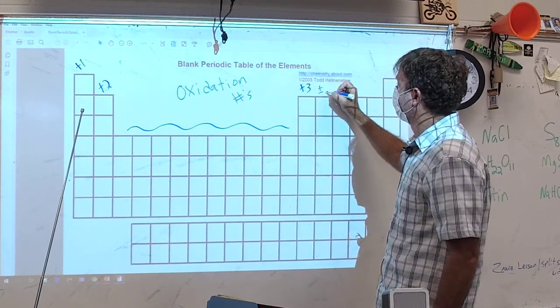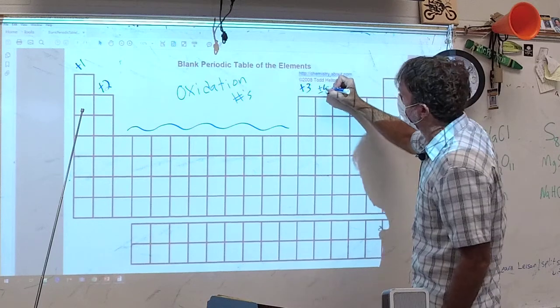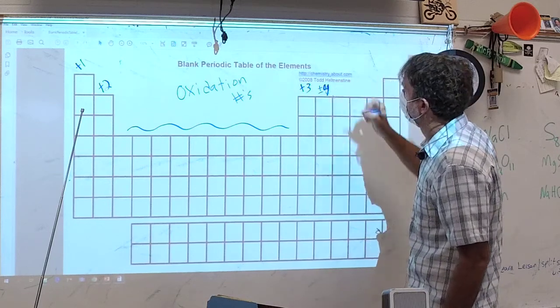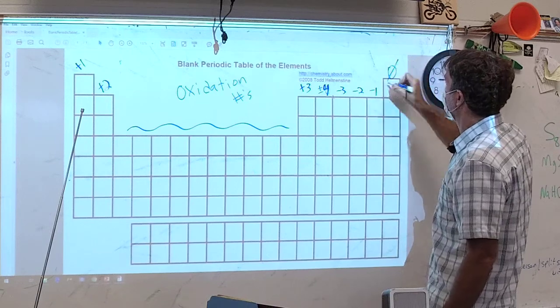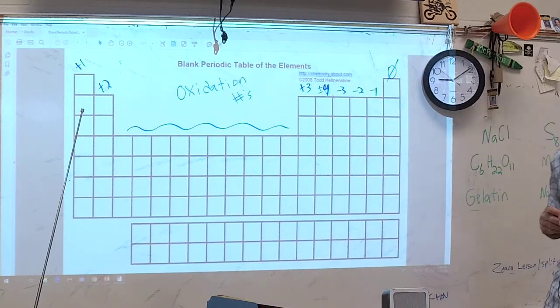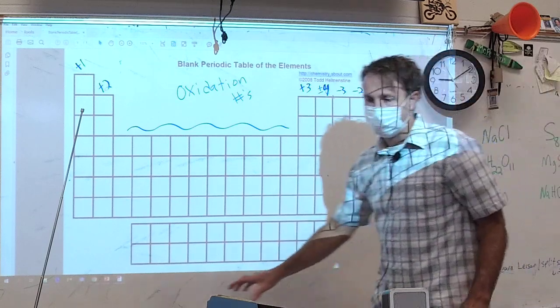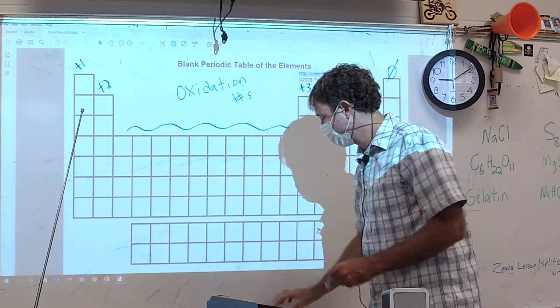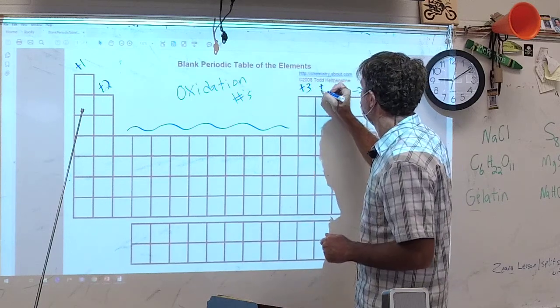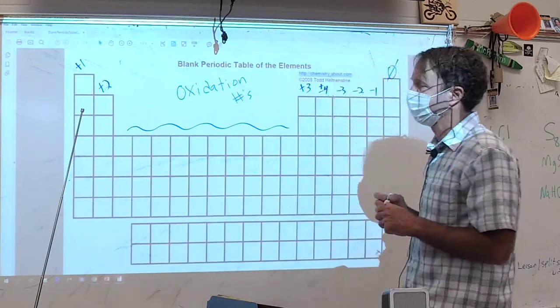The oxidation number for group 4 is plus or minus 4. And then we have -3, -2, -1, and nothing happens here because they don't bond. So you really need to write that down. I'm going to go ahead and make that neater. Plus or minus 4.